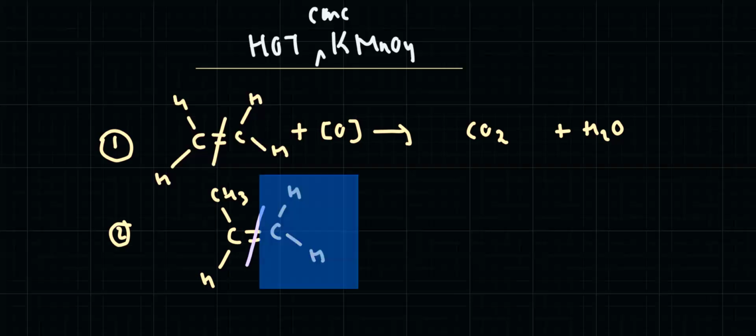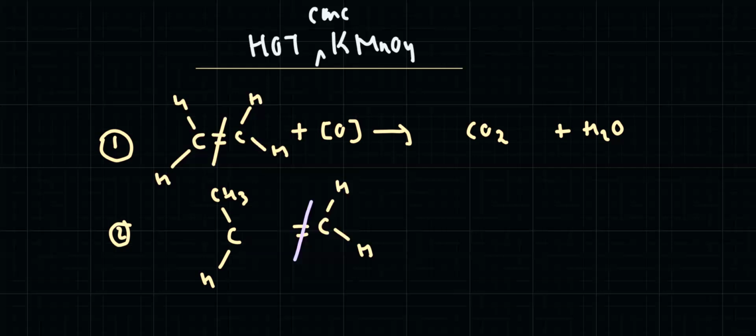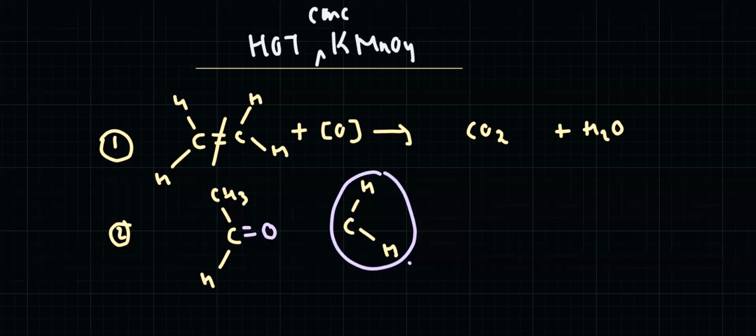When you break it down, it splits like this, and the double bond here gets oxidized. And this one cannot get oxidized further because it has hydrogen. Whenever carbon is attached to hydrogen and has to be oxidized, it always forms carbon dioxide and water.